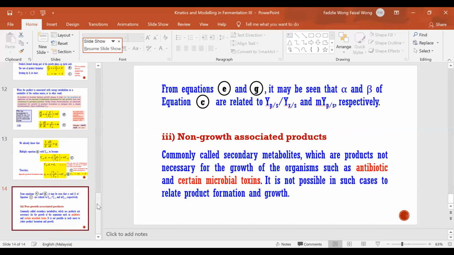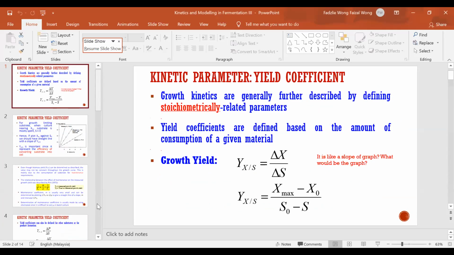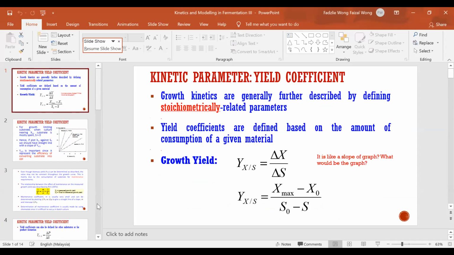So I think maybe it can be a little bit challenging here, but you need to understand the whole idea and concept. All right, so far we have covered the kinetic models for cell growth, right? In the kinetic models for cell growth, we have three models, which are the Malthusian, logistic or Verhulst, and also Monod, right? And for each of the growth kinetic models, there are also graphical models, which are used to calculate the kinetic parameters. You can plot a curve y equal to mx plus c.